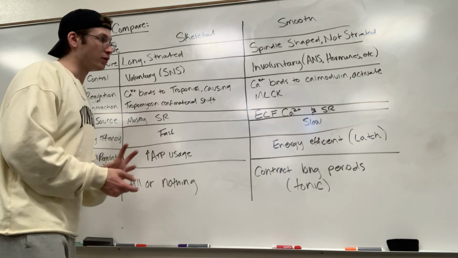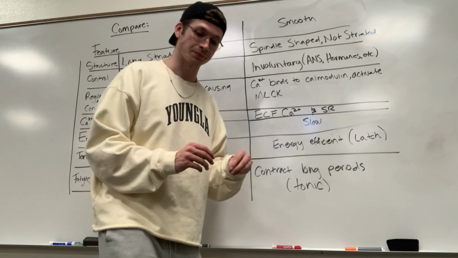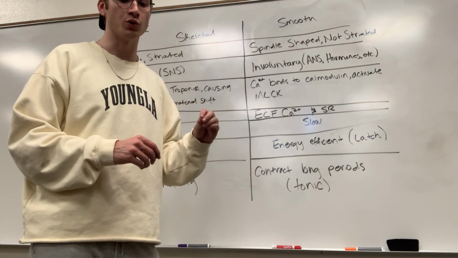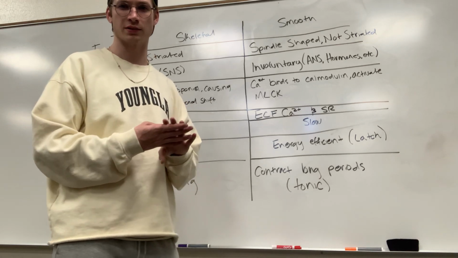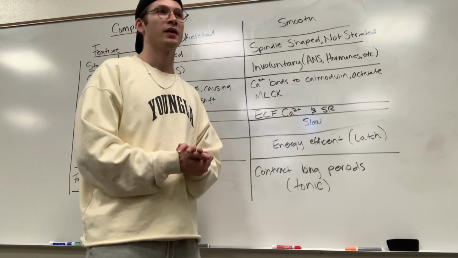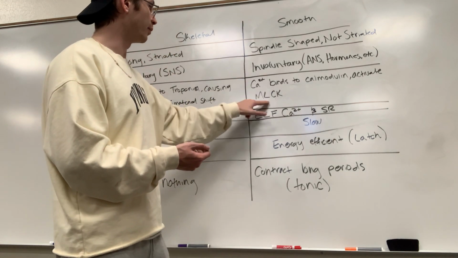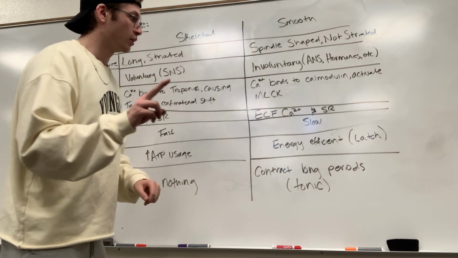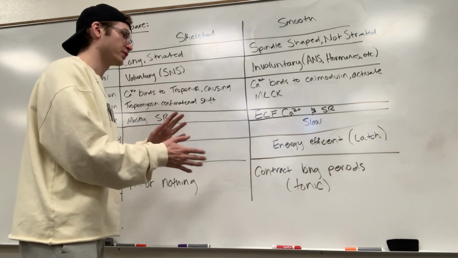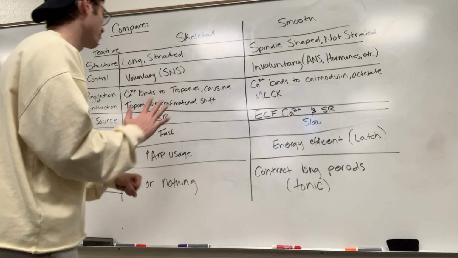For smooth muscle, the calcium comes in and is going to bind to our calmodulin, those four sites, and it's going to activate our MLCK. That's a big difference on how it starts.